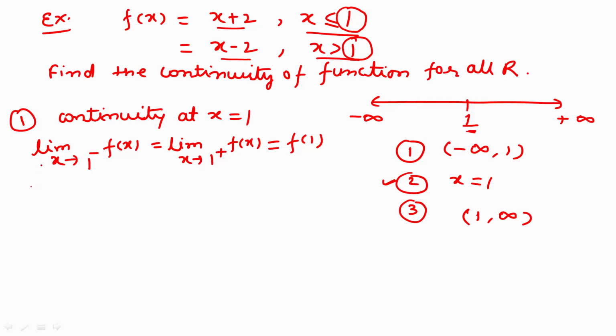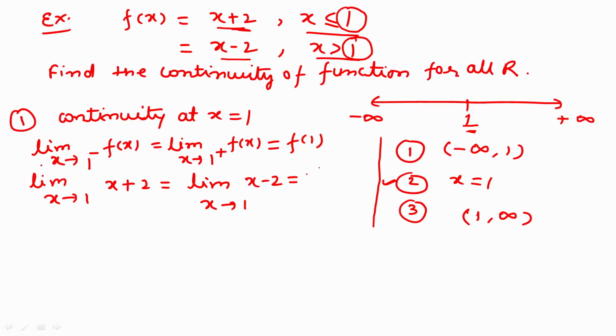So limit x tends to 1 minus means x is less than 1, so we will take the function x plus 2, is equal to limit x tends to 1 plus, which indicates that the value of x is greater than 1, so we will take x minus 2, and f of 1 means x is equal to 1. For x is equal to 1, we will take the function x plus 2.